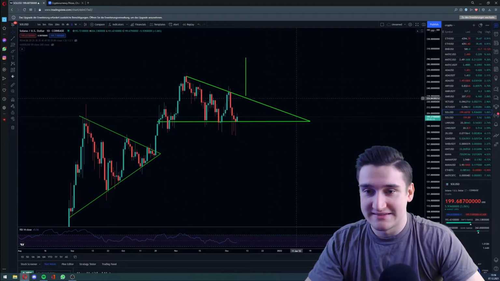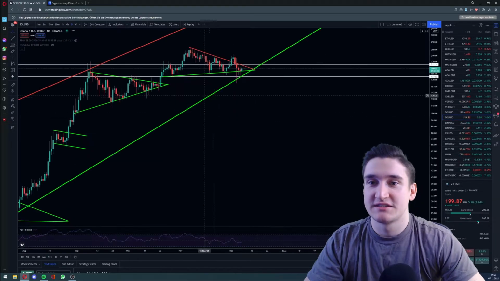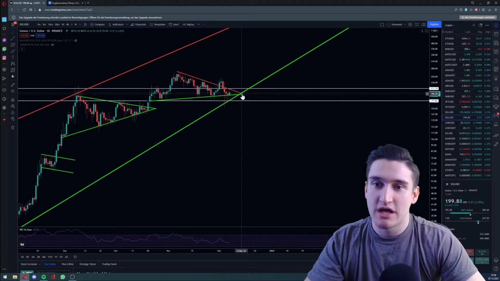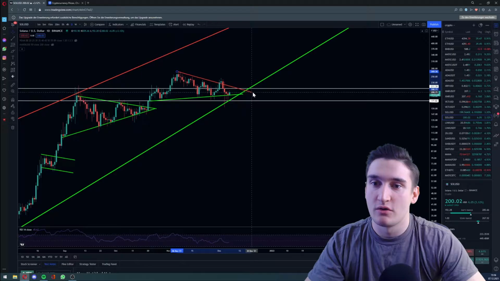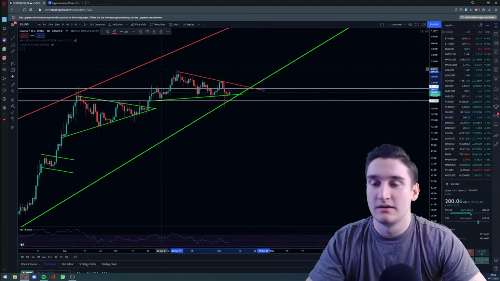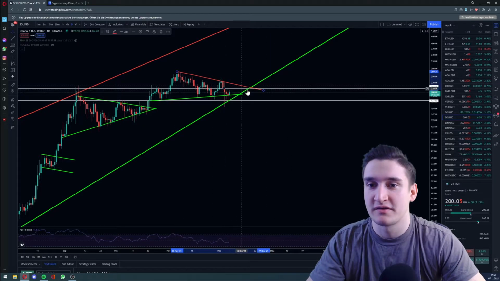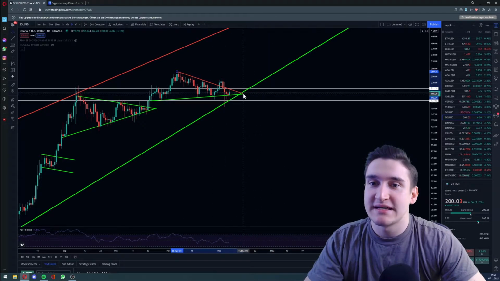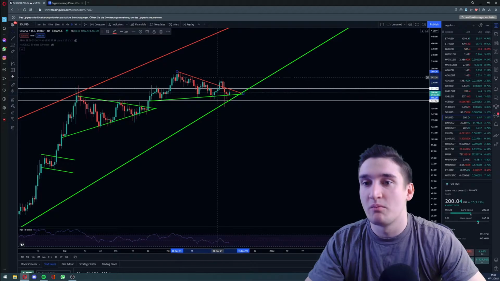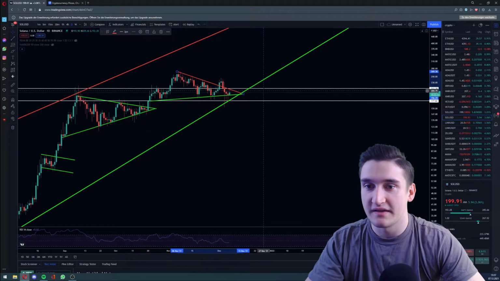But we could even change that symmetrical triangle and change the upper trend line, so the upper trend line also didn't get invalidated like the trend line of the descending triangle, because that's actually the same. So we can't say that the symmetrical triangle is more invalid than the descending triangle.